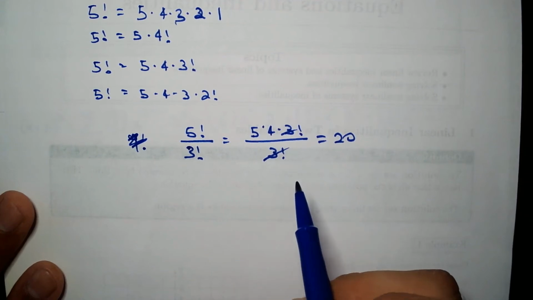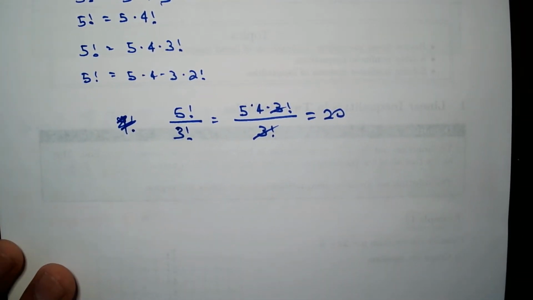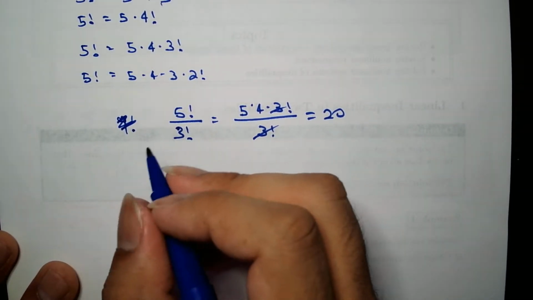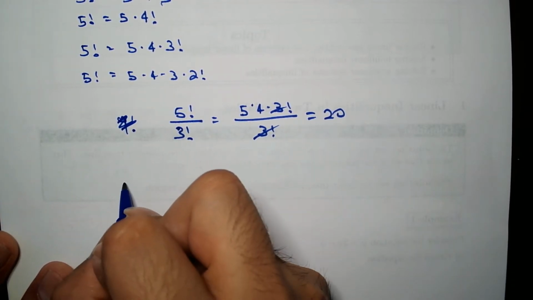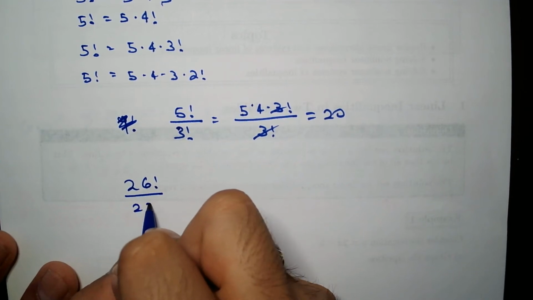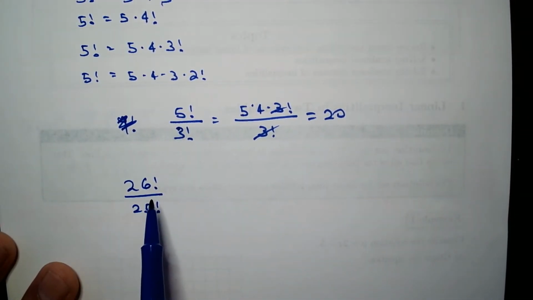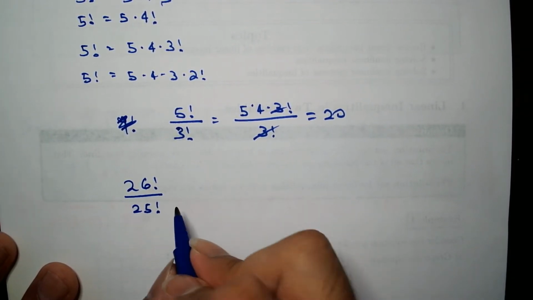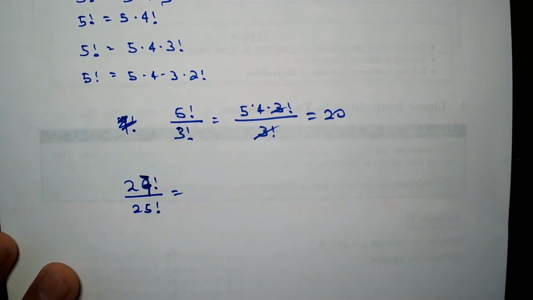This simplification is useful, for example, when you have factorials of huge numbers. For example, what if you wanted to do, I don't know, maybe something like 26 factorial divided by 25 factorial. If you put it just like that, one individual, and then divide the numbers, the calculator may not even give you this. So you would have to do, well, let me actually do 27.